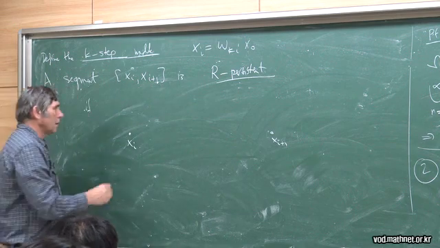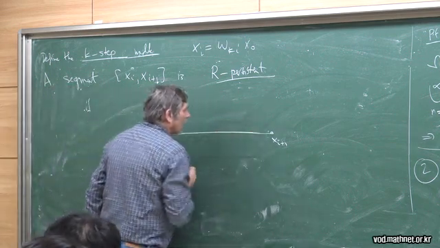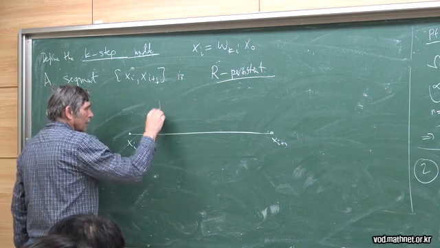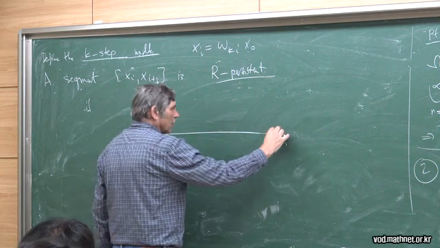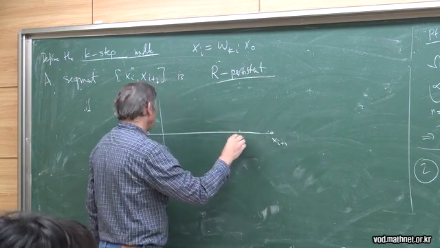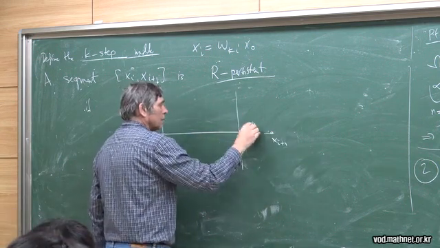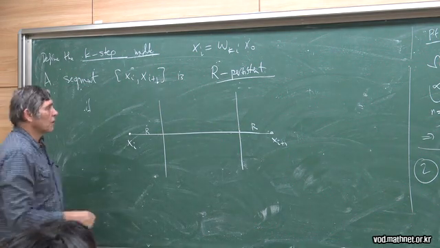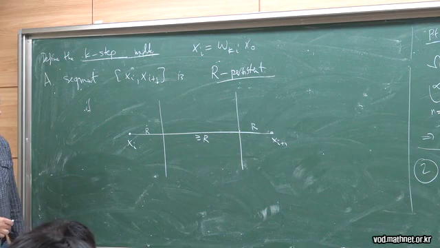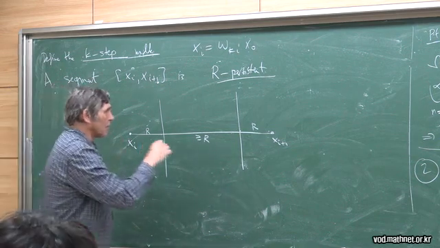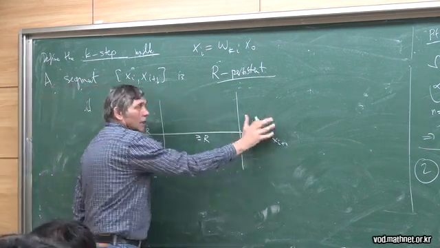I can draw a geodesic between them, measure off the distance r and draw my half space here, and measure off distance r from the other point and draw the half space. What I want to know is that the distance in between is at least r.